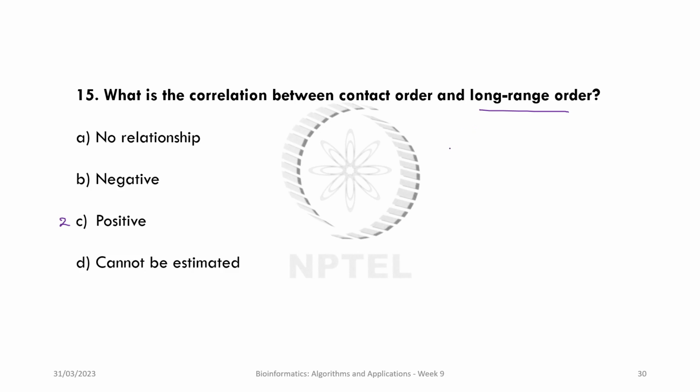Long range order will be lesser than contact order, but greater the long range order, definitely the contact order will also be higher. So it is positively correlated and not negative. Of course, there is a relationship because long range order falls under the contact order parameter.